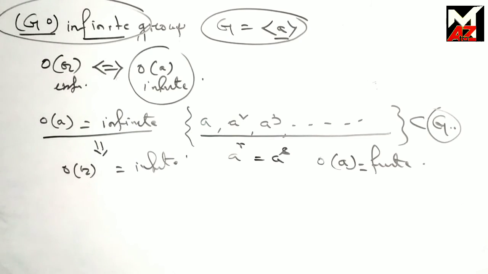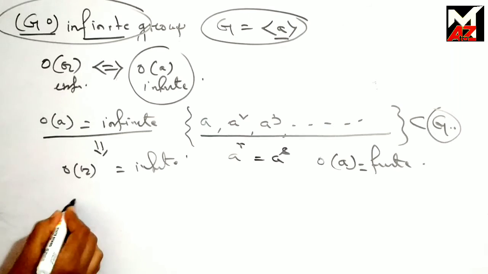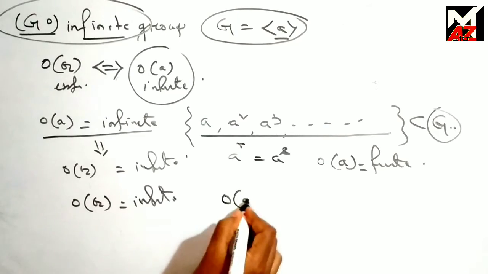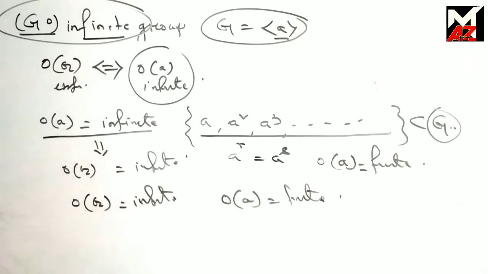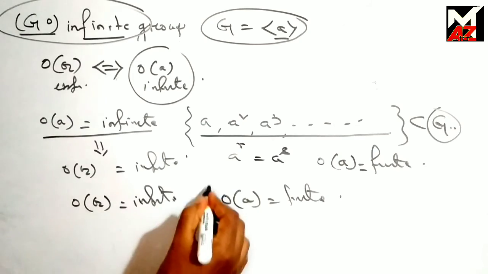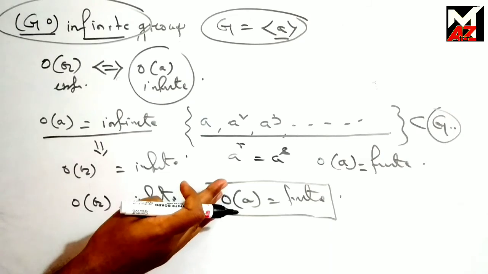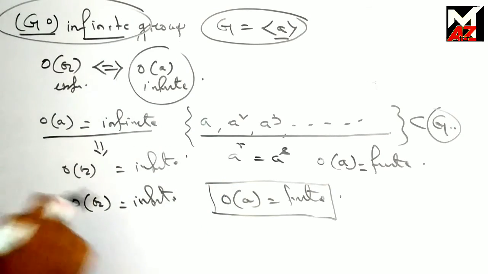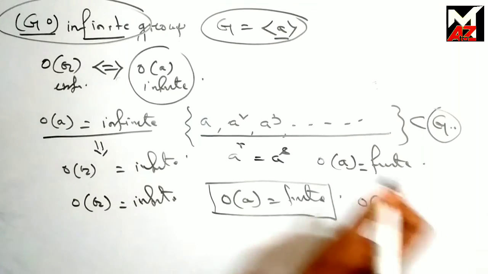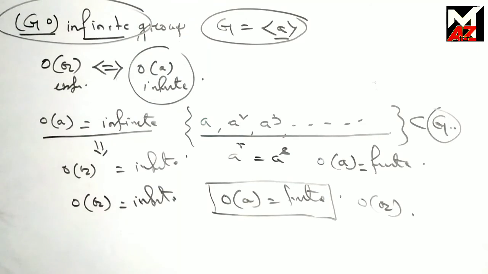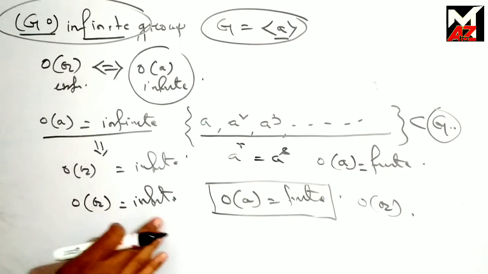And conversely, we say that if the order of G is infinite and, if possible, the order of A is finite, here is also a contradiction, because if the order of A is finite, then by the previous theorem the order of G must be finite, because G is a cyclic group generated by A. But our assumption is the order of G is infinite.